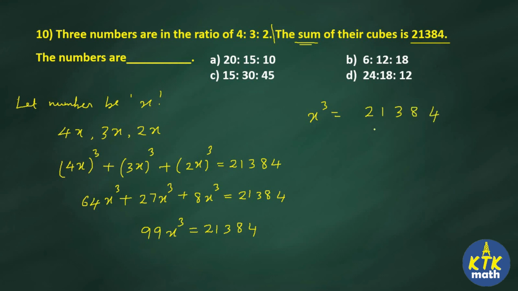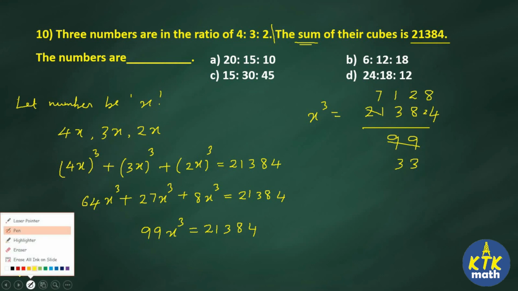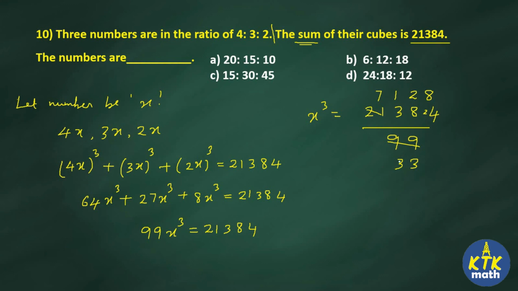21,384 divided by 99. I'm going to cancel this in the 3 table, so that it will be easy for you to follow. 3 times, again here also 3 times. So 21, how many times? 7 times. Here 3, how many times? 1 time. In 8, two 3s are there, remaining 2, 24, 8 times. Again I am going to cancel this, in the 3 table again, so this is going to be 11 times.